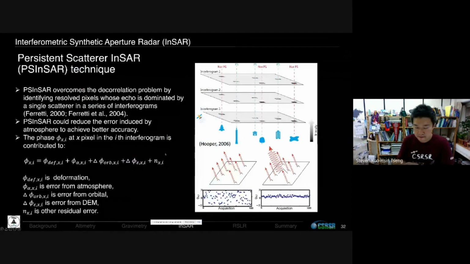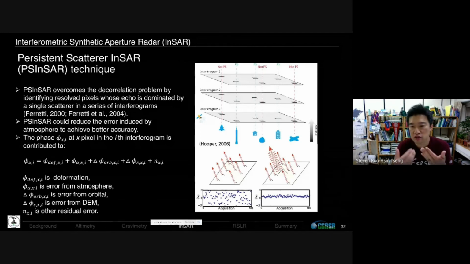Okay, so the SAR, the Sentinel-1 synthetic aperture radar, gives us a product containing mainly two parameters. One is called the phase, one is called the intensity. The phase is when we measure the distance.